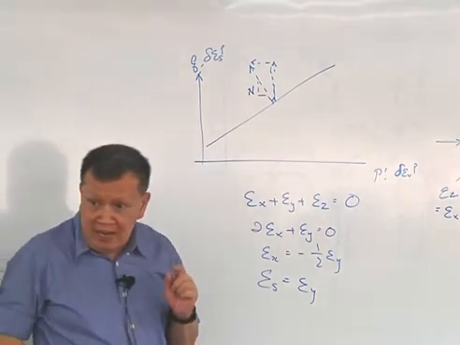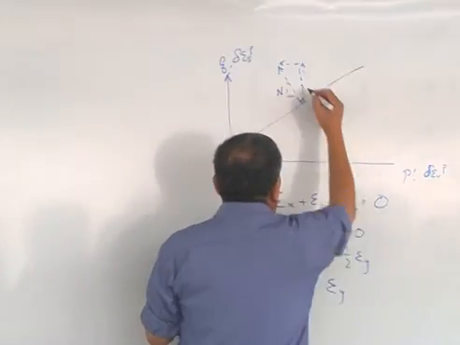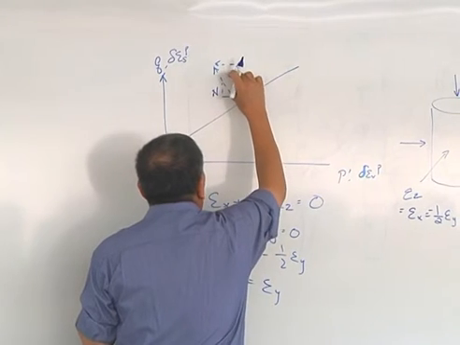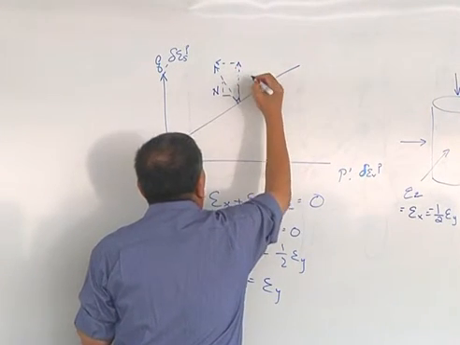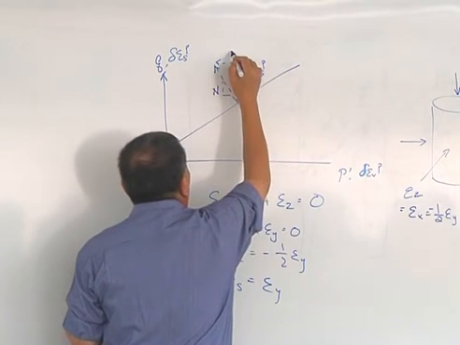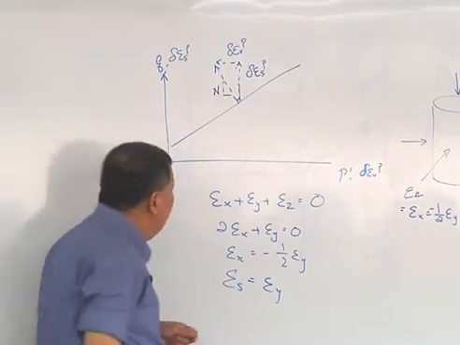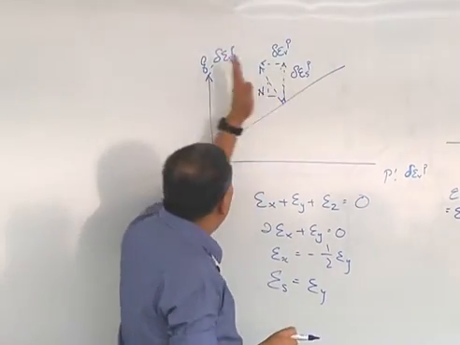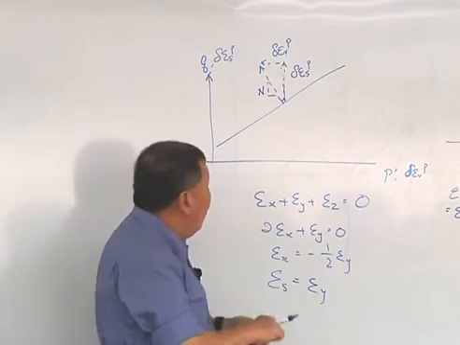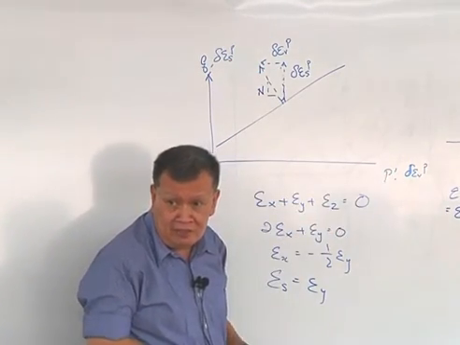Then this component represents the plastic shear strain component, and this component represents the plastic volumetric strain component. Because this component is aligned in the vertical direction, that component is aligned in the horizontal direction. It's the negative horizontal direction in this case.